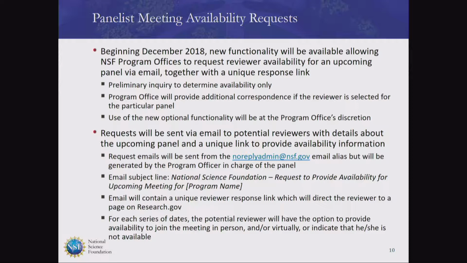One of the tools that we are now offering to our internal staff is the ability to reach out to potential reviewers and ask them what dates they are available and how they can participate, whether virtually or in person. If anyone's ever used Doodle, it's similar to that, where you can indicate the days you're available, and then the NSF staff will take all that input and schedule the meeting.